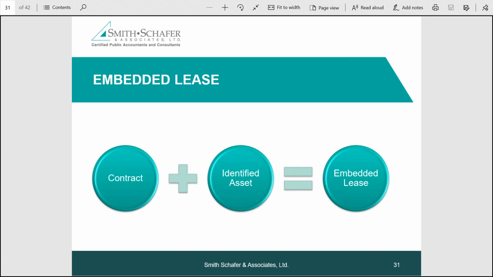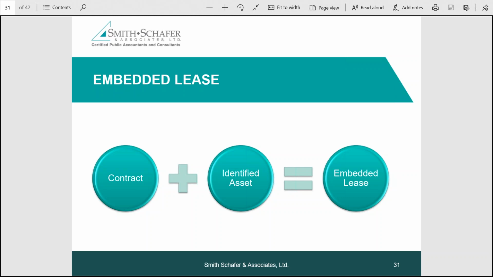The lease standard, though, also introduced this concept of an embedded lease. And an embedded lease is a service contract that has an identified asset inside of it. It doesn't have to be a service contract, but a service contract is going to be your most likely scenario.